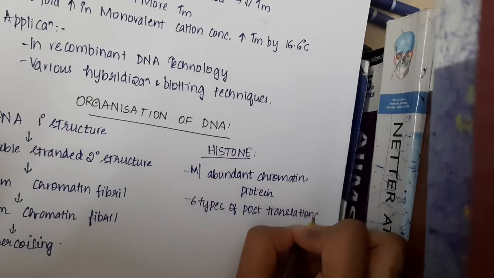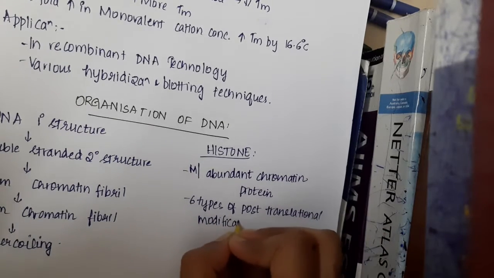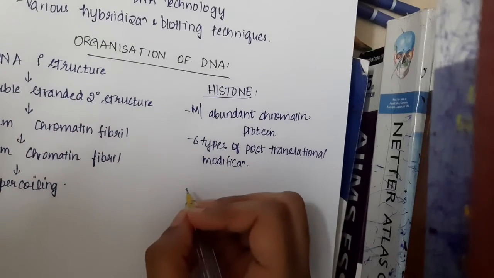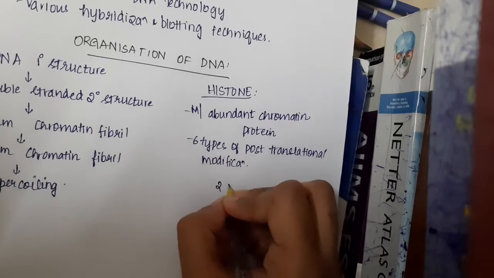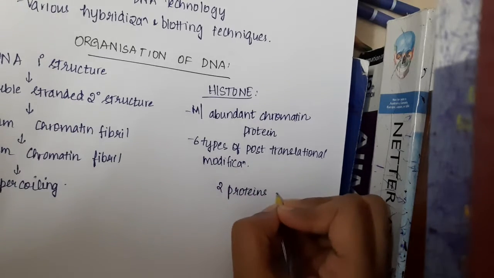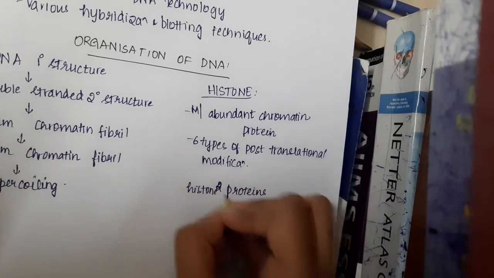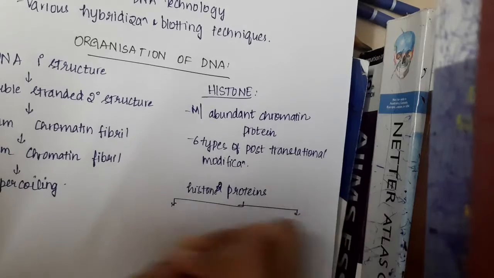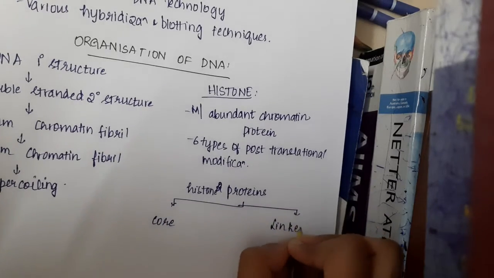Are you clear? And this forms a 10 nanometer fibril. So this entire thing is 10 nanometer chromatin fibril. Think of the DNA helix as a rope, and think of a cylinder, and on that cylinder the rope is wound. That cylinder is our histone octamer.